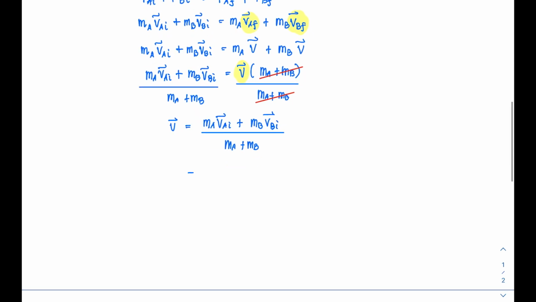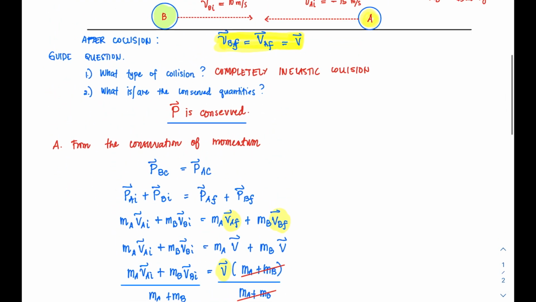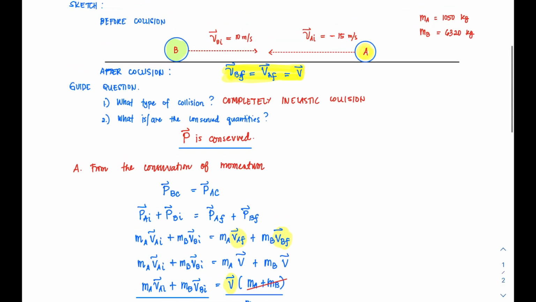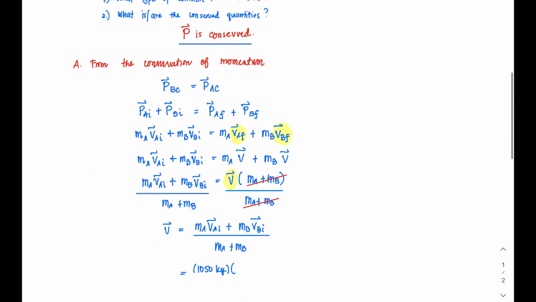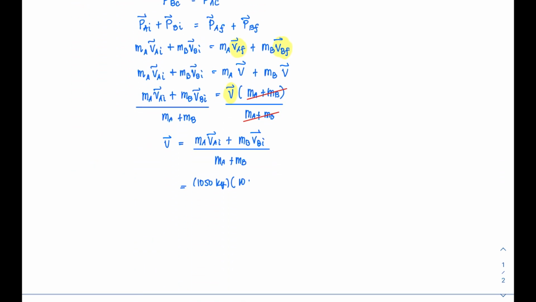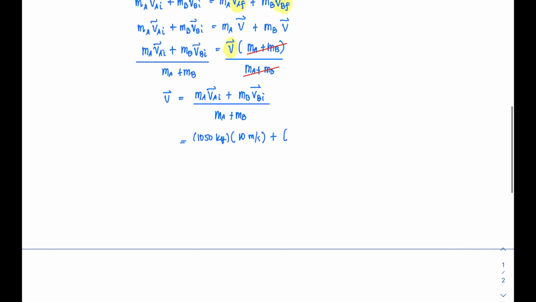From here, we are just going to substitute the values of the variables. Mass of A, as you can see on the screen, is 1,050 kilograms. The velocity of the sports car is 10 meters per second, plus mass of B, which is 6,320 kilograms.